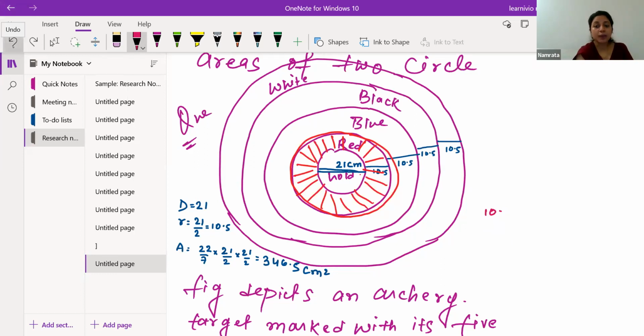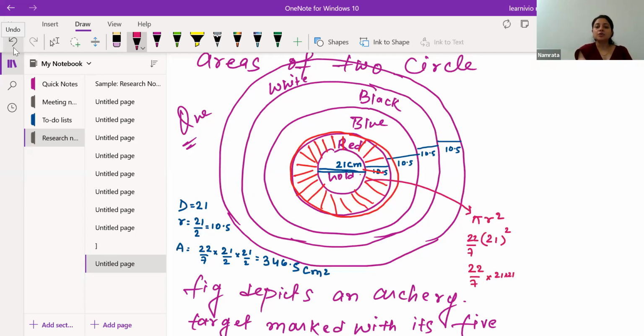That area will be pi r square again. So this circle's area will be pi r square. R, what did we get? 21, once we added 10.5 plus 10.5. 21 squared. And here the pi value is 22 over 7. Here I can see it will get cancelled. 22 by 7 into 21 into 21.